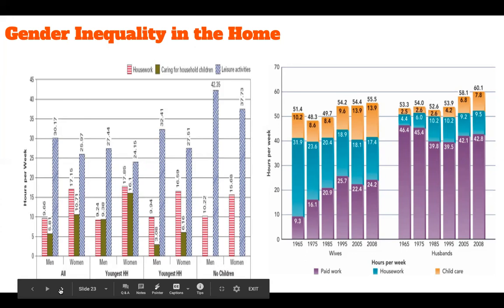There are a lot of different studies that look at how chores are divvied up in married families. And what they consistently find is even when women are working full-time outside of the home, they are more likely to be doing the housework and the caring for household children. Particularly, they're more likely to be doing the housework.